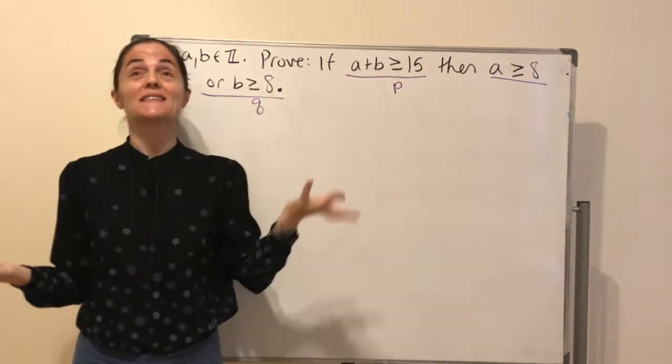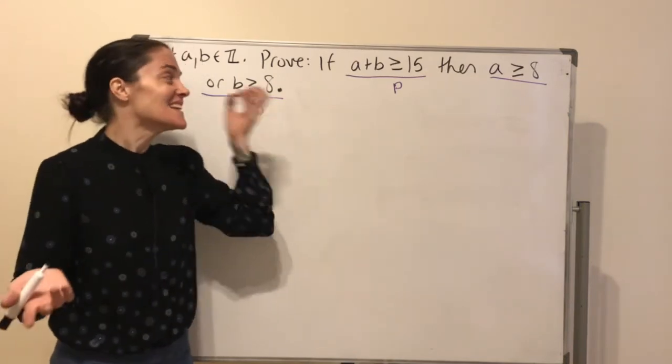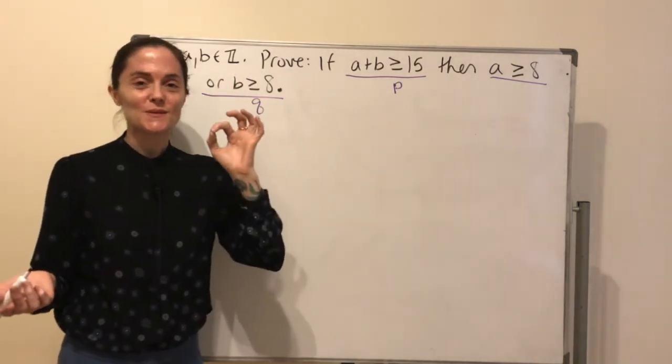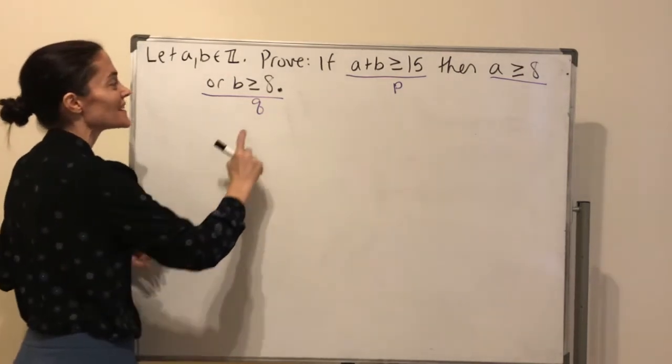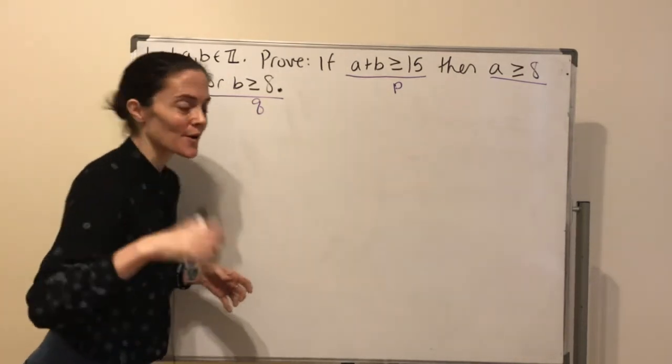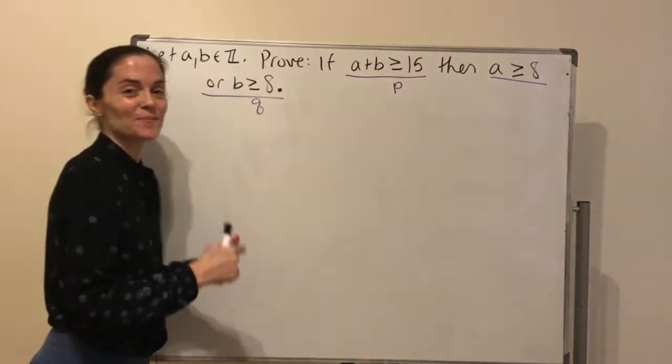All you know is the sum is bigger than or equal to 15. And then what do you do with that? So we will use contrapositive. Maybe this one, because Q, you see, is an or. Let's state the contrapositive separately before we start the proof.